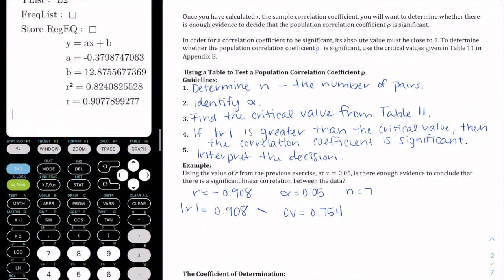Okay, so that absolute value is clearly greater than the 0.754.